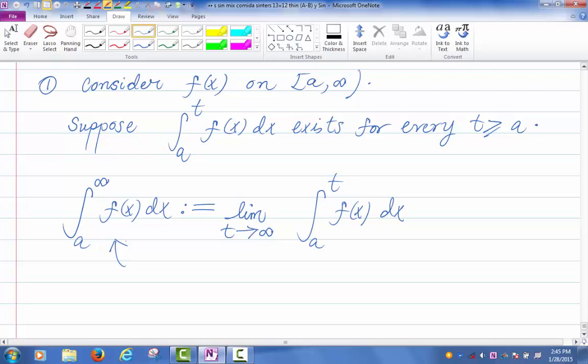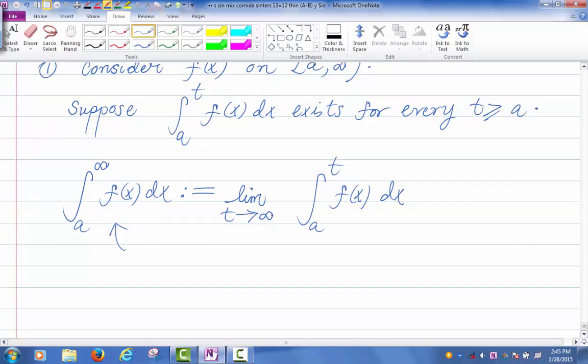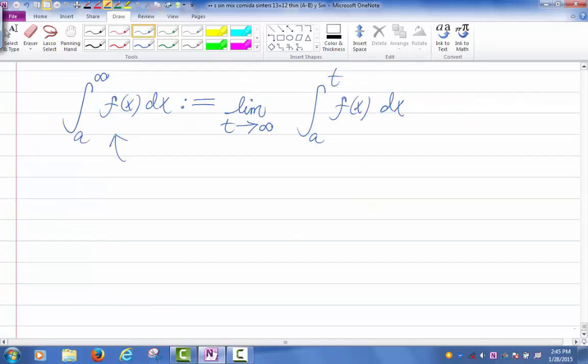Now, this is not something that we are just doing for the sake of doing it. There are some applications. For example, let's see what's going on here. Let's say this is the x-axis, and this is the y-axis, and let's say the graph of f looks like this, okay?